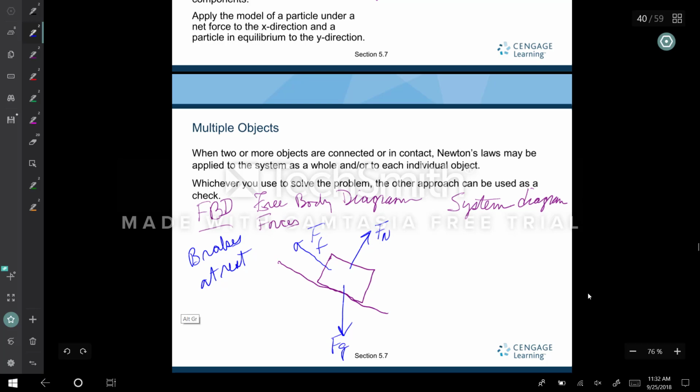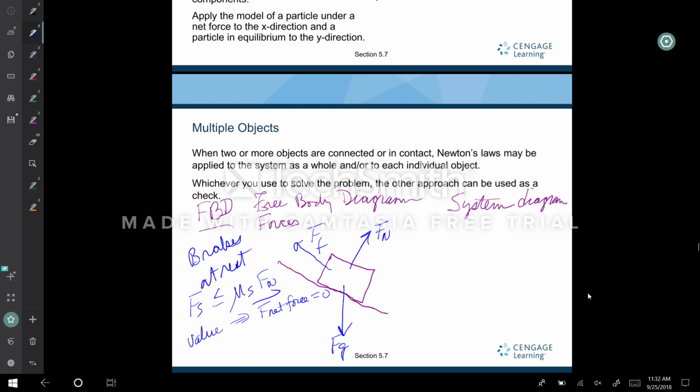Because static force of friction is less than or equal to mu sub s, F sub n, and its value is such that the net force equals 0. The friction force opposes the motion between the two surfaces.